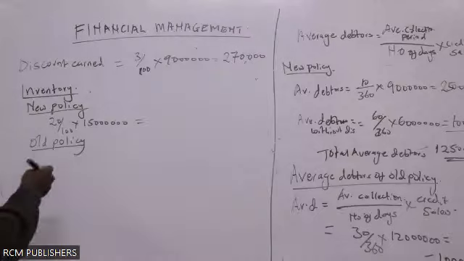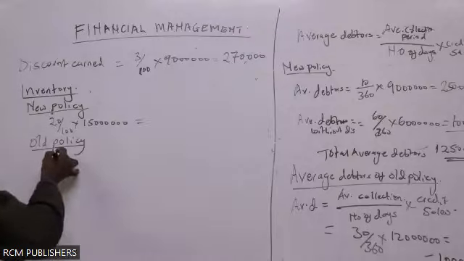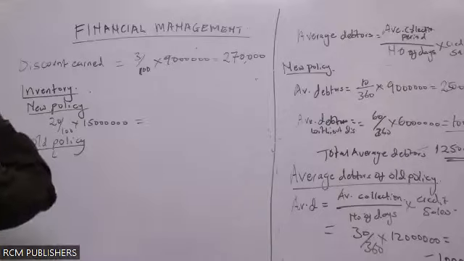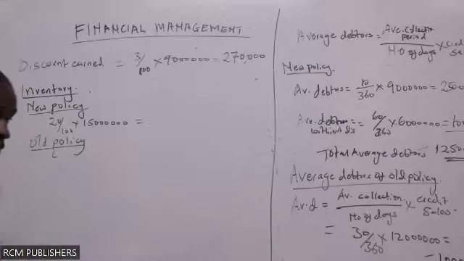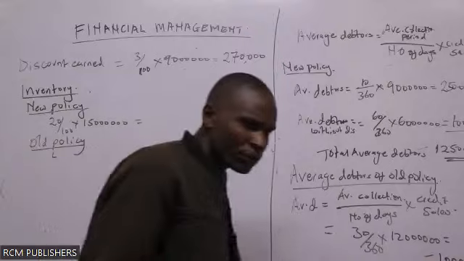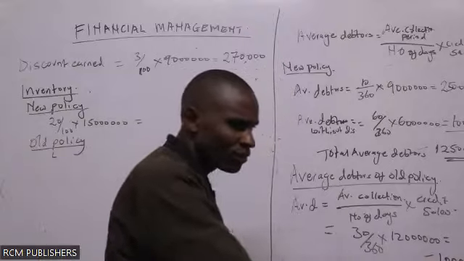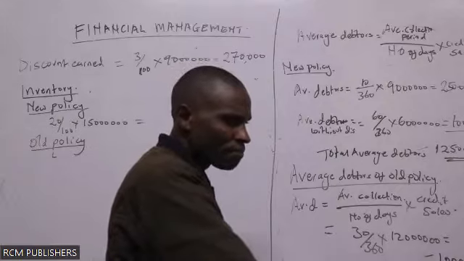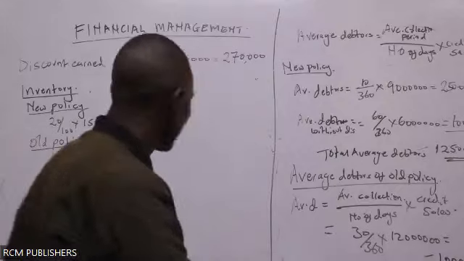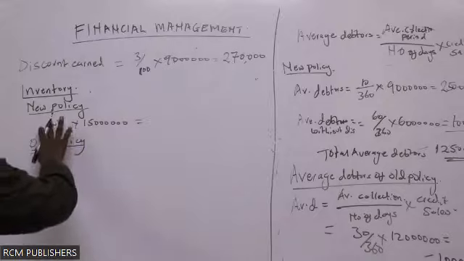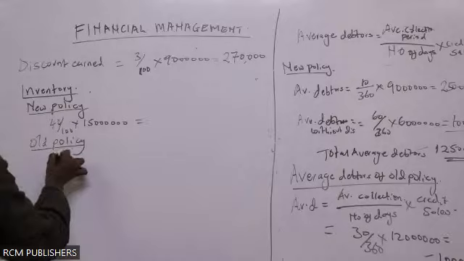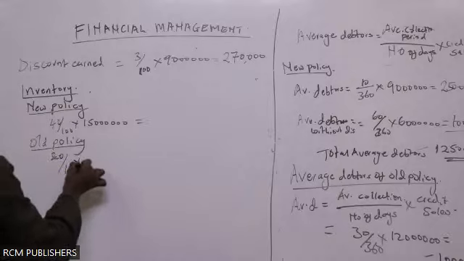So first of all, how much do we get if we say this is the old? Ni gani ya old na ni gani ya new? 20 over 100 of 12. So 20% over 12 million.